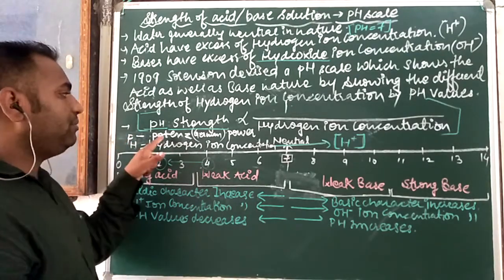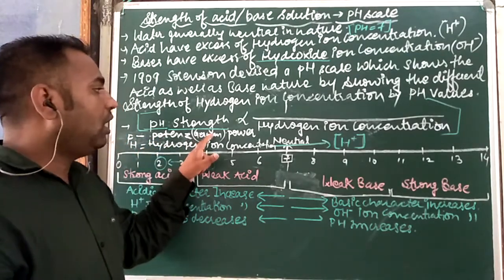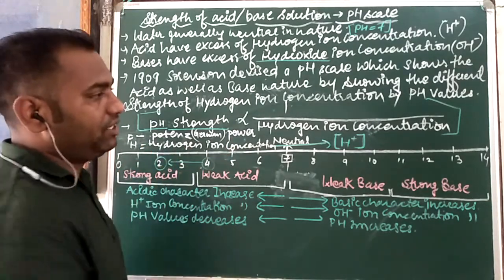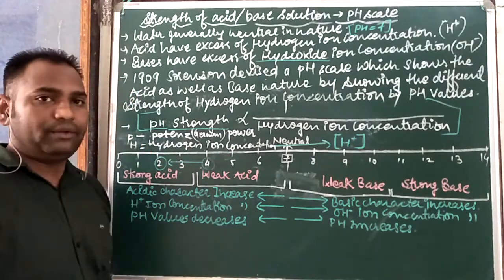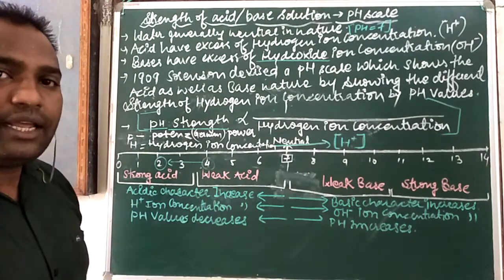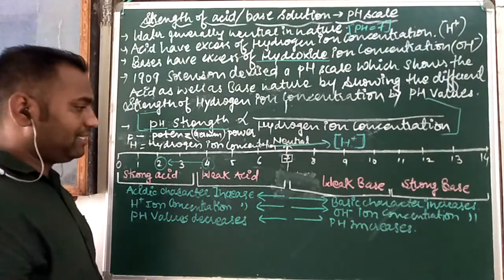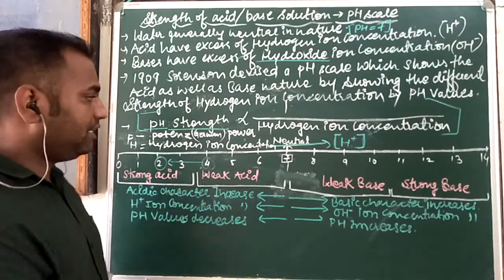So pH means, P means potence, a German word meaning power, and H means hydrogen ion concentration, and we generally write it in this way. For the hydroxide ion also we write it like this, OH minus ion. I hope you understood this.